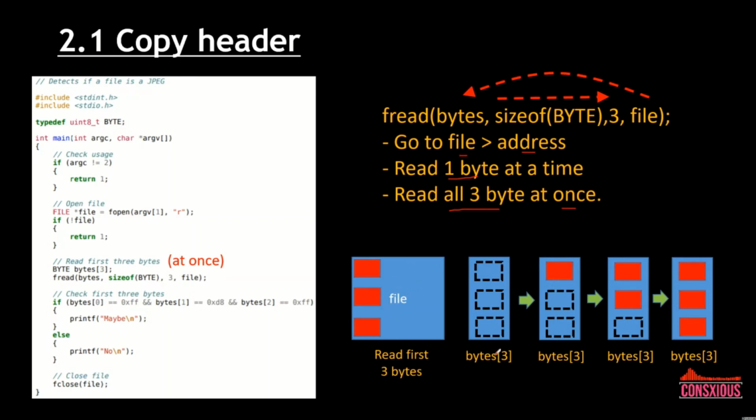We declare this, a byte array of size 3. From here, we're going to take 1 byte at a time, then take this and go to where we want to locate. This is how we read 3 bytes at once. Hope you guys understand here.